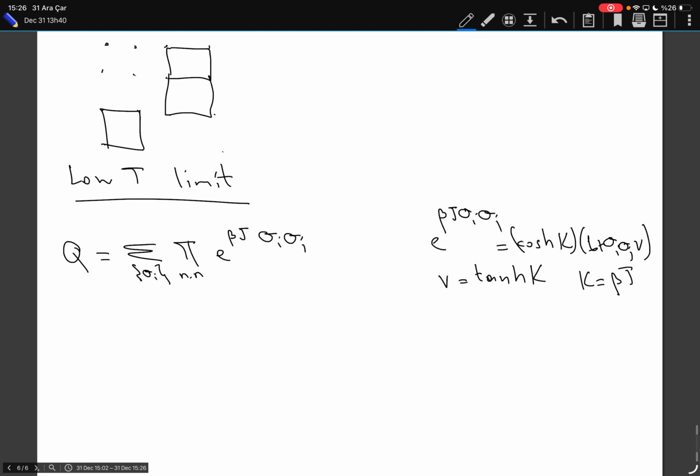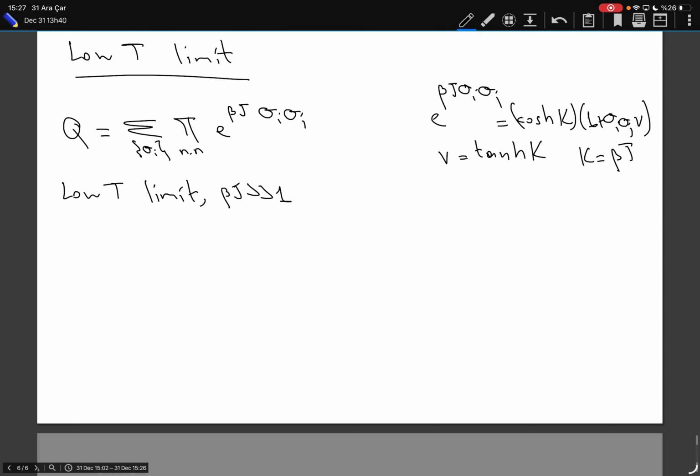Now, if you go to the low T limit, beta J is very, very large. So in the low T limit, what this tells us is that the main contribution to this sum will be from the terms where all sigma i's are either +1 or all sigma i's are -1.